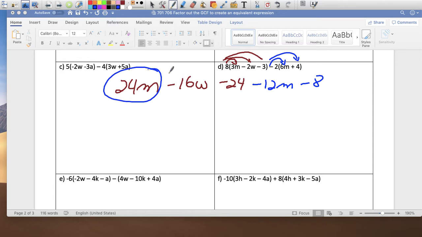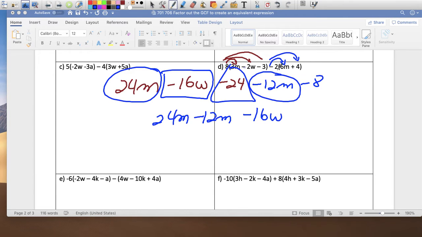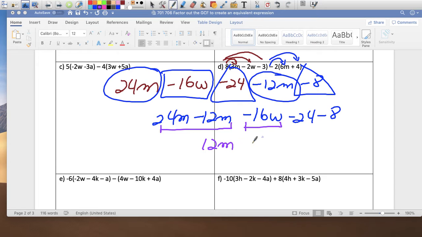Combine like terms, this guy can combine with this guy. 24M minus 12M. 16W combines with nobody. Right? No one. And these two get combined. 24M minus 12M is 12M. Negative 16W, that stays. And this becomes negative 32.